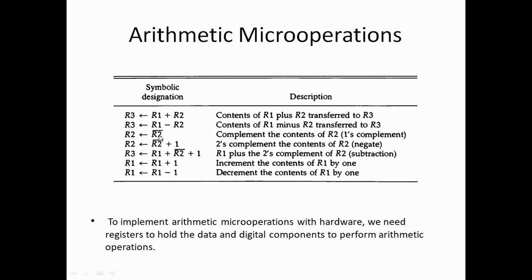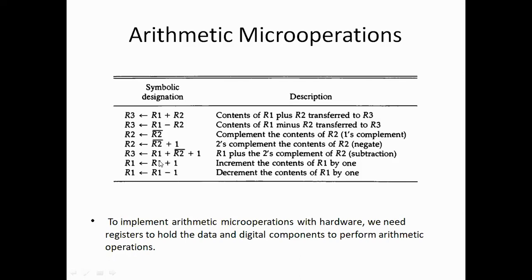This is the complement operation, which means one's complement, which means that every bit in R2 will be inverted, and here the answer is again stored in R2. This is 2's complement: inverting each bit in R2, then adding 1 and storing the answer again in R2, it becomes 2's complement.